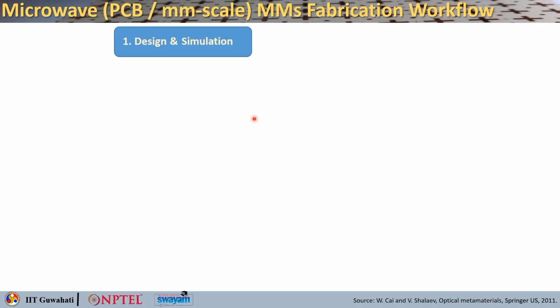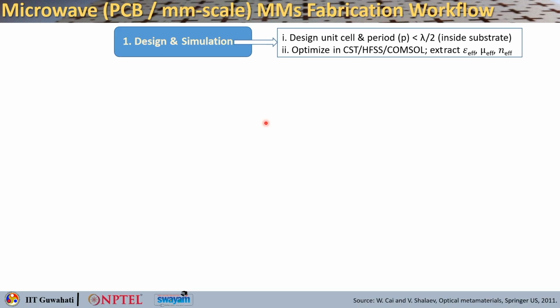So, first let us look into the microwave metamaterials fabrication workflow. It starts with the design and simulation. You design a unit cell and you set the period p, which is typically less than lambda by 2 for an array structure, and then you can simulate this design in CST, that is computer simulation technology.